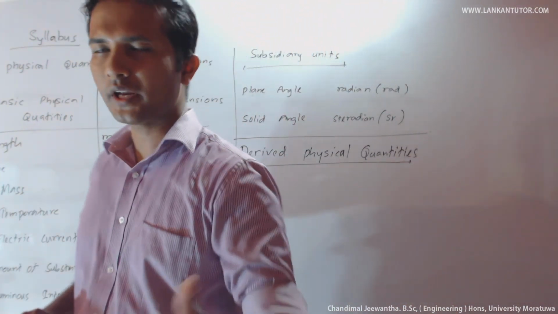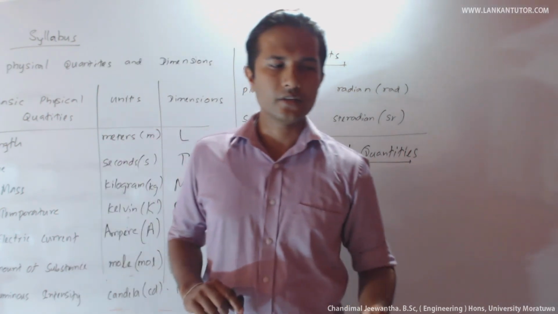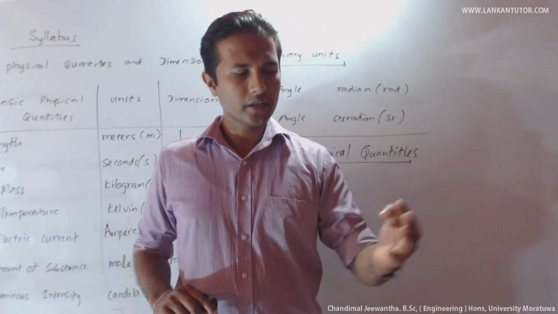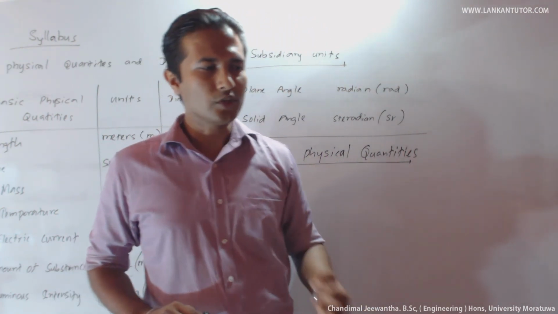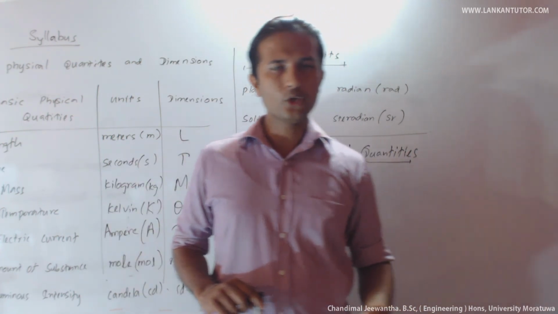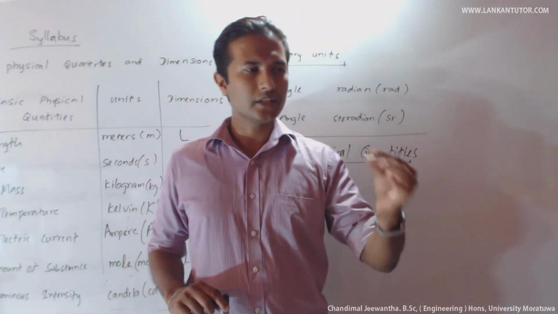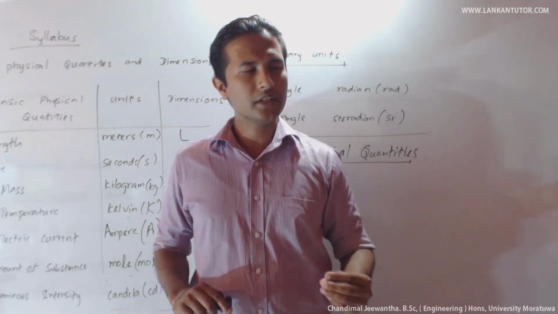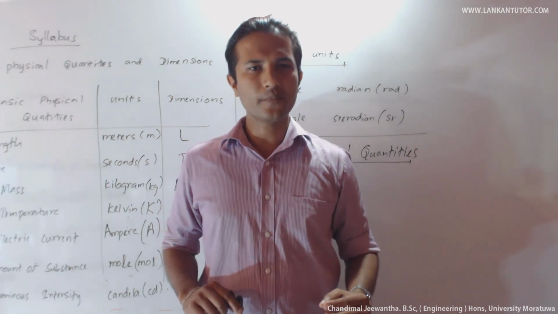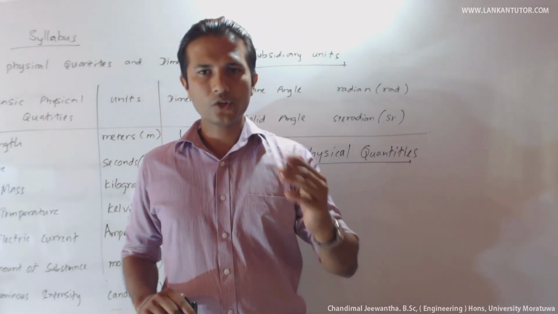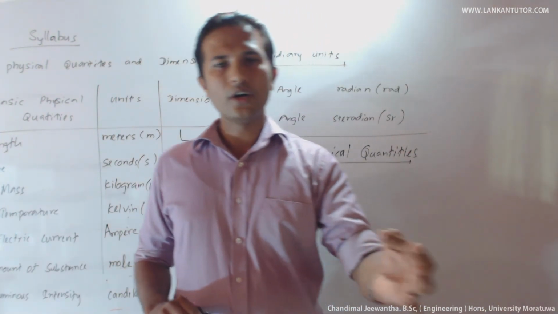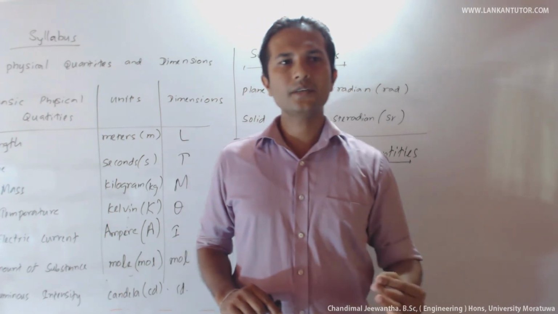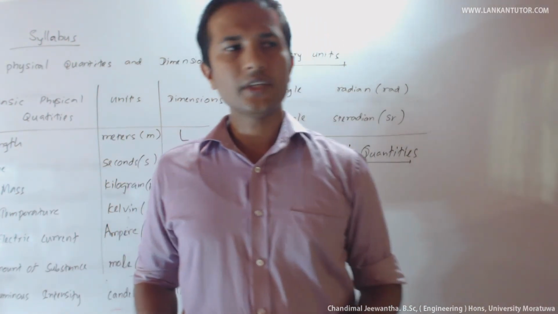For example, you can take area, the unit should be simple m square. Considering volume, the unit should be m cube. Considering velocity, the unit should be ms minus 1. Considering acceleration, the unit should be ms minus 2, followed by force, power, momentum, pressure.